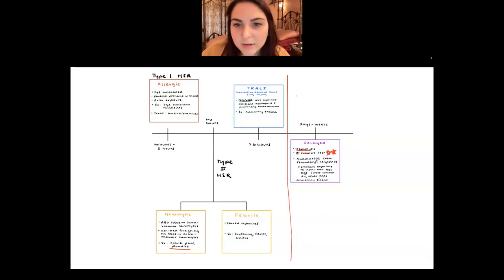What I'm writing here is that this would happen with an Rh type thing. If you give Rh blood to someone, they're going to make anti-Rh. But again, it's going to take time for them to do this. It can be clinically silent until it actually starts happening.